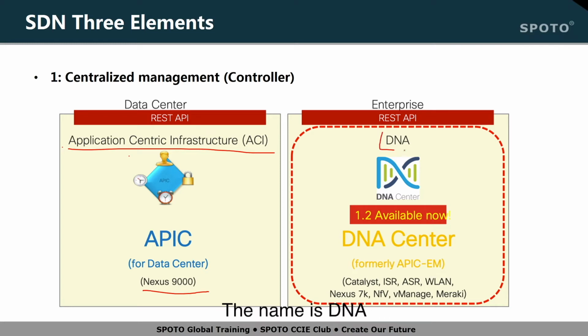The name is DNA. Right now, version 1.2 is available. The new direction is 1.3. It's the DNA Center, the centralized management, formerly called APIC-EM. And this product primarily is designed for managed catalyst switch, ISR, ASR routers, wireless LAN, with support to Nexus 7K as well.